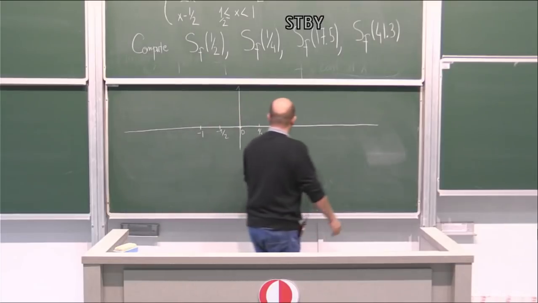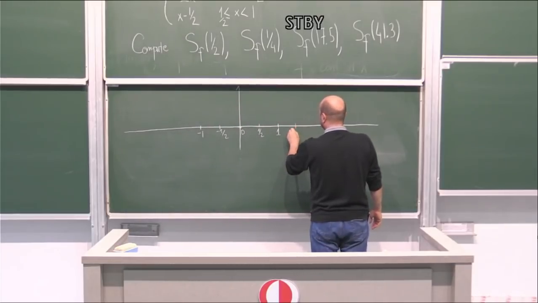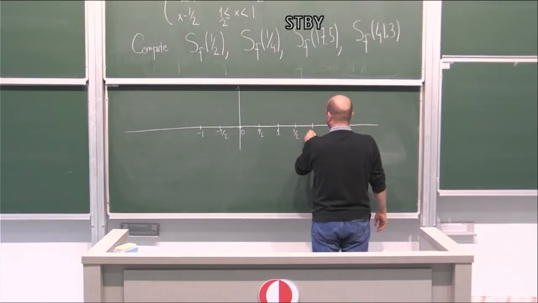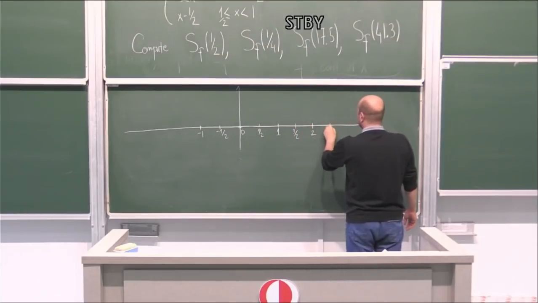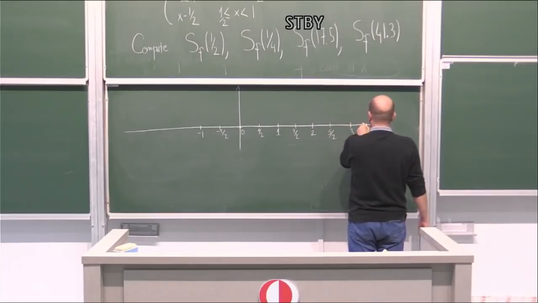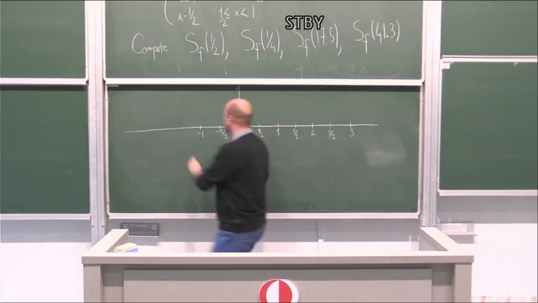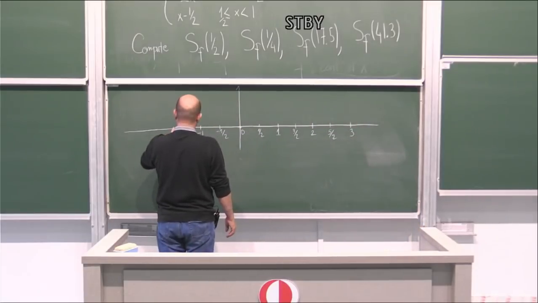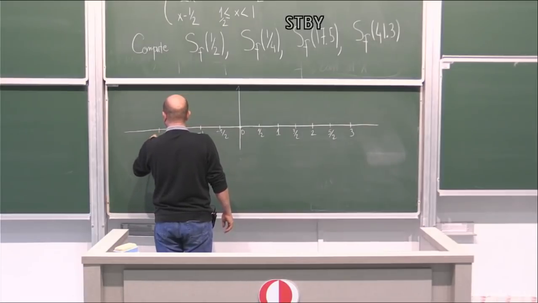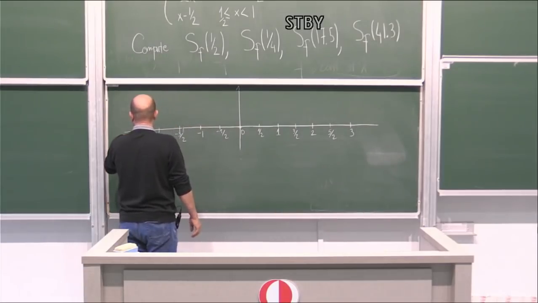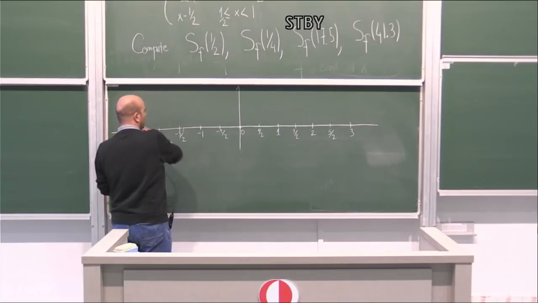Then this is 3 over 2, this is 2, this is 5 over 2, this is 3, so it goes like this. And here we have minus 3 over 2, minus 2, minus 5 over 2, minus 3, and goes like this.